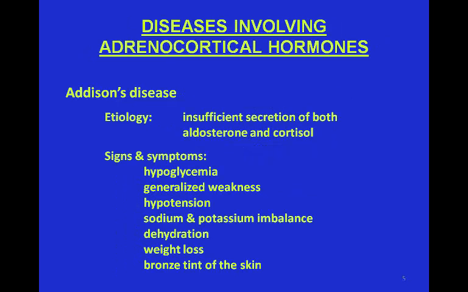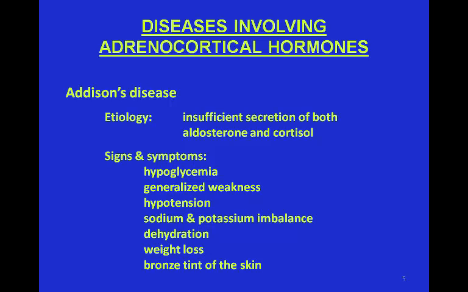The other disease involving the adrenocortical hormones is Addison's disease. In Addison's disease, there's an insufficient amount of cortisol being secreted as well as aldosterone. So the two major adrenocortical hormones then are going to be deficient. You could predict some of the signs and symptoms of this as well.